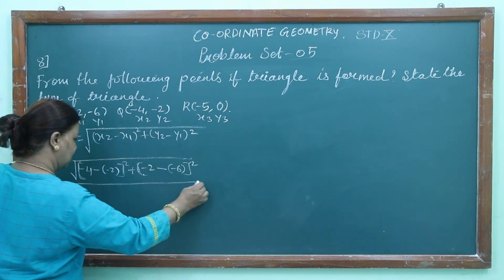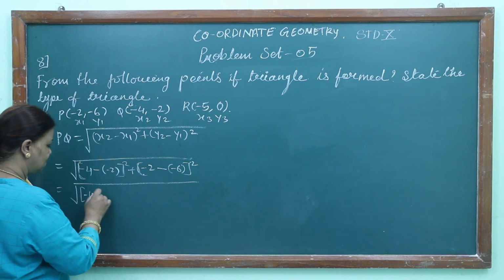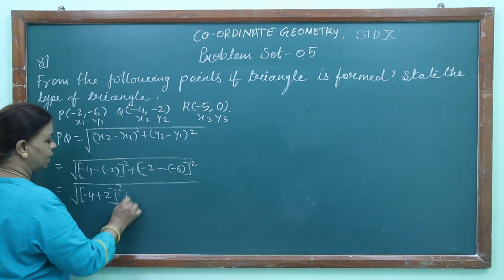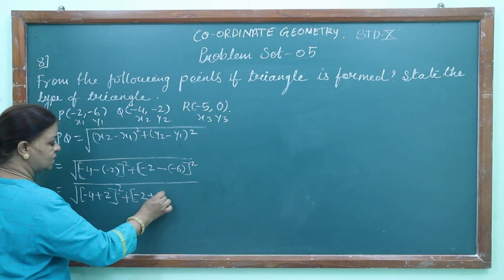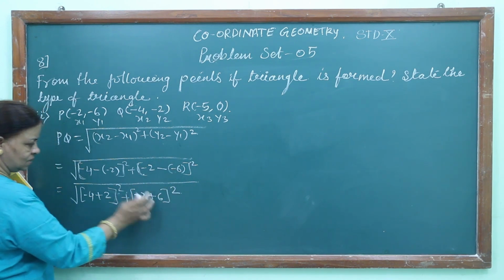What am I getting here now? Minus 4 minus minus, plus 2, the whole square, plus minus 2 plus 6, the whole square, because see, minus minus will become plus.